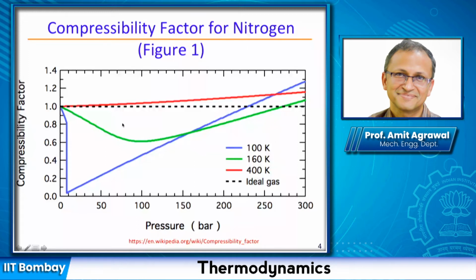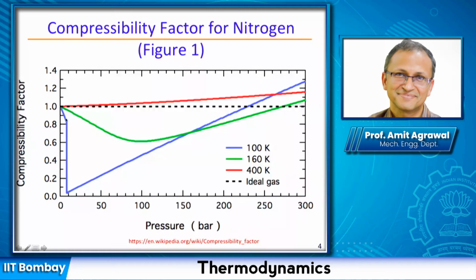Now, if you start looking more closely, you can see that the behavior of these 3 curves is substantially different from each other. The blue curve has a value of 0.8 something, and then it is almost a vertical line, and then it becomes close to 0 at this particular pressure, and then otherwise as you increase the pressure now, the compressibility factor is increasing.